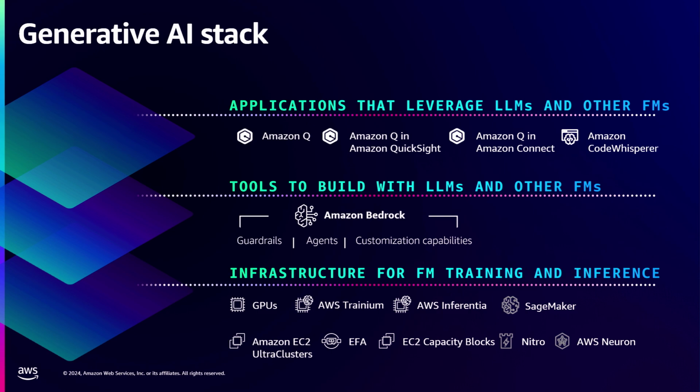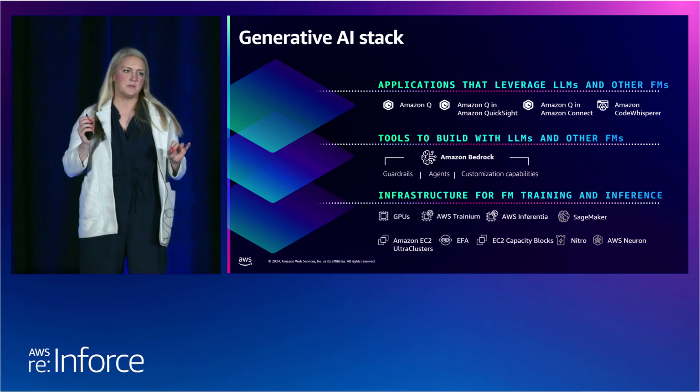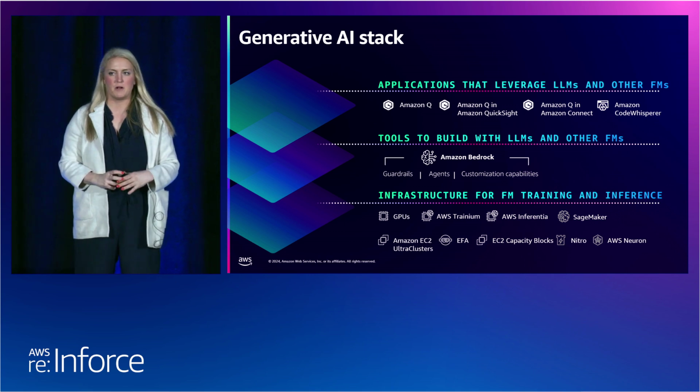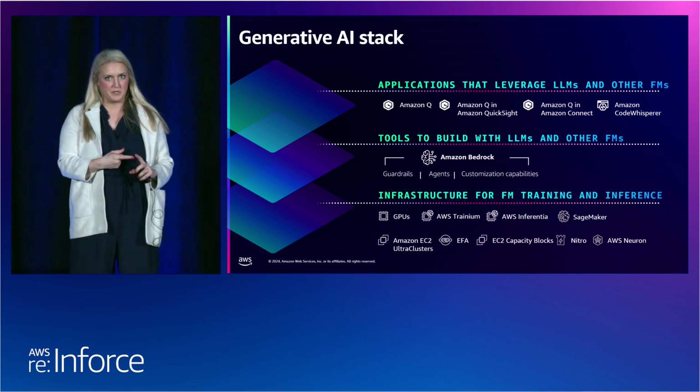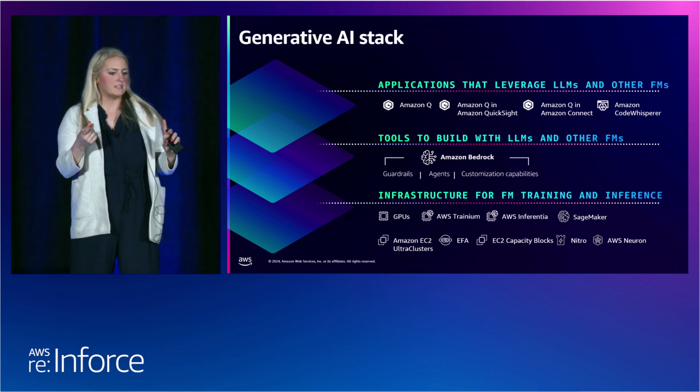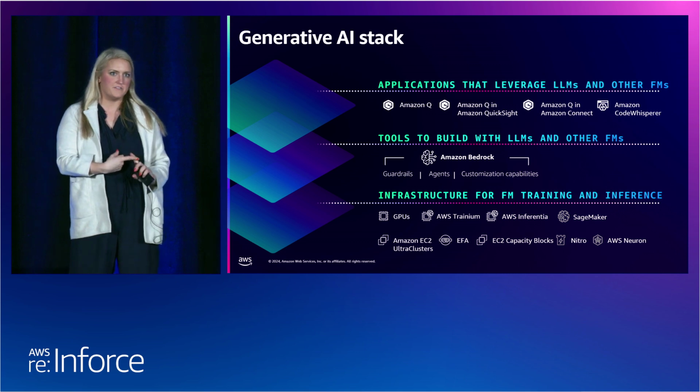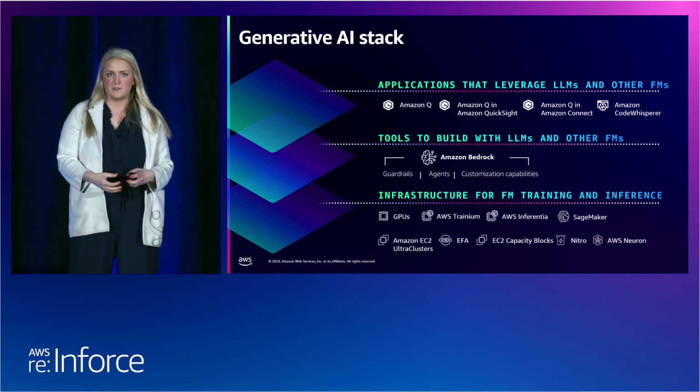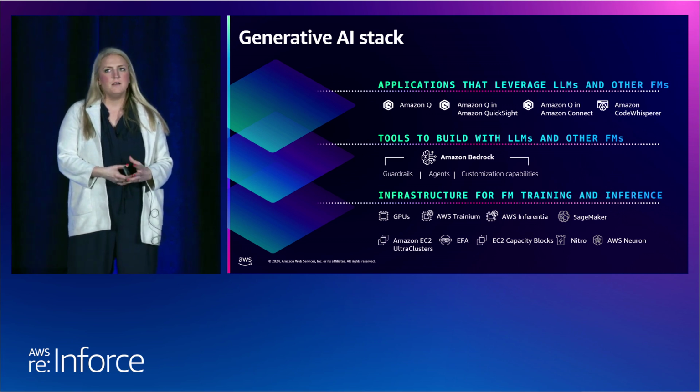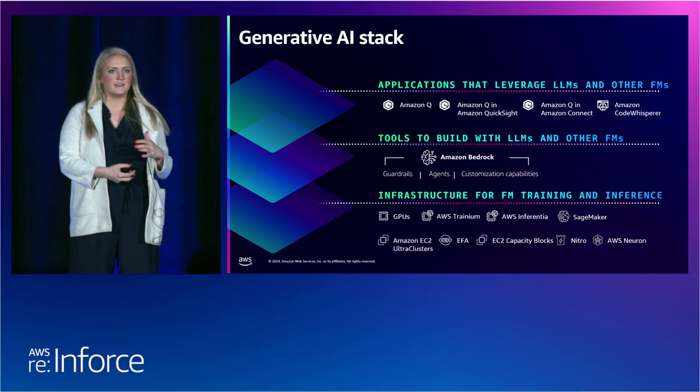So we have, to start, the first group and the most managed services, and this is your applications that leverage large language models, so the Amazon Q family. This could be things like Amazon Q Developer, where you're getting suggestions for code. You're not necessarily writing all the prompts yourself.